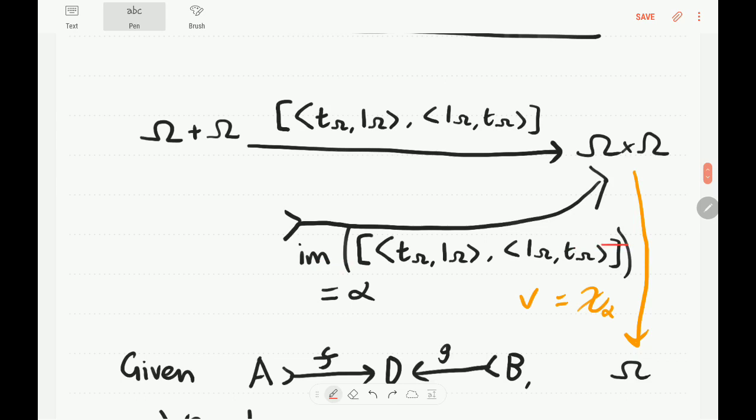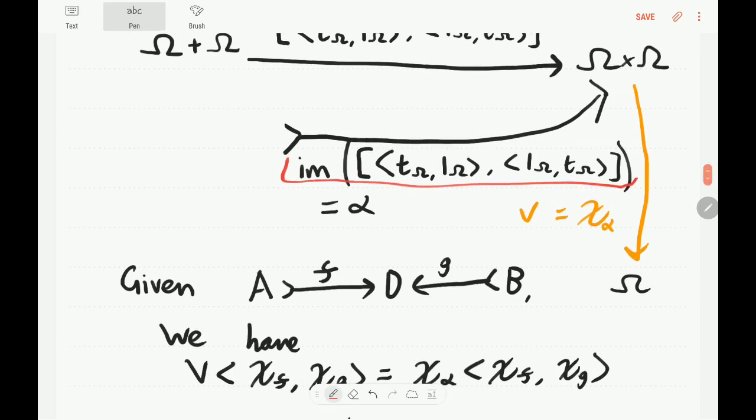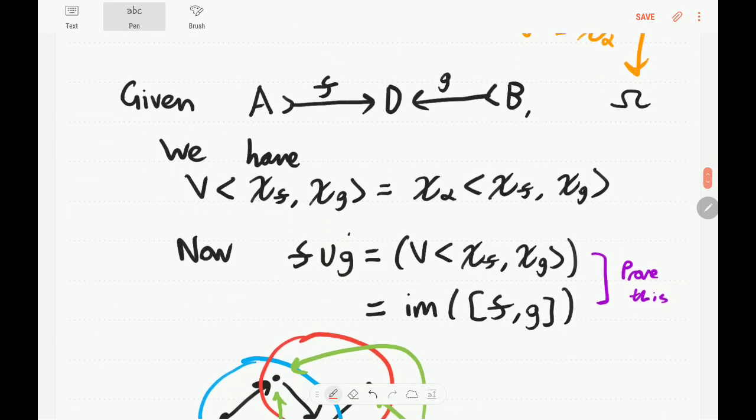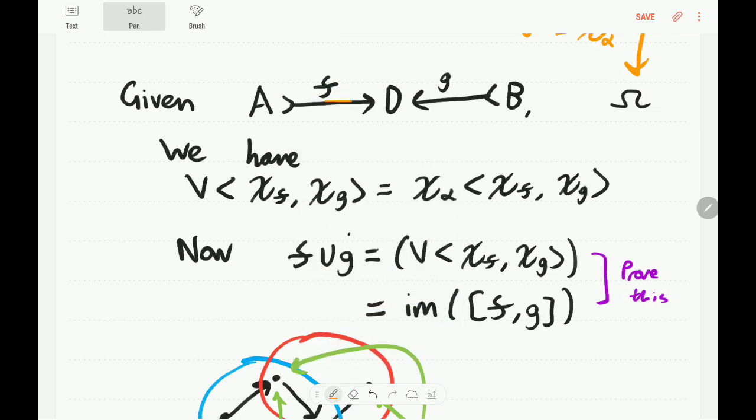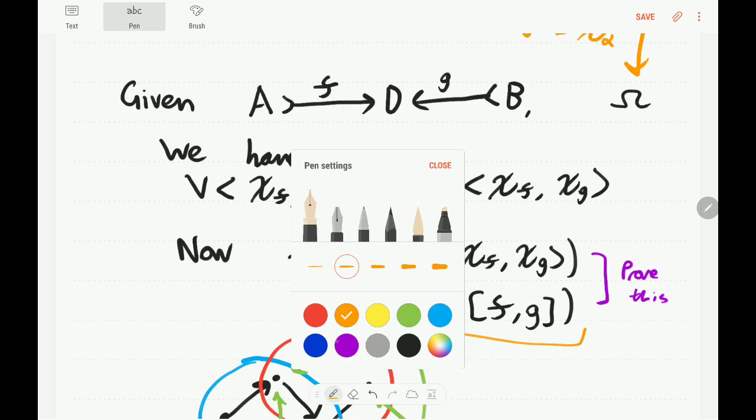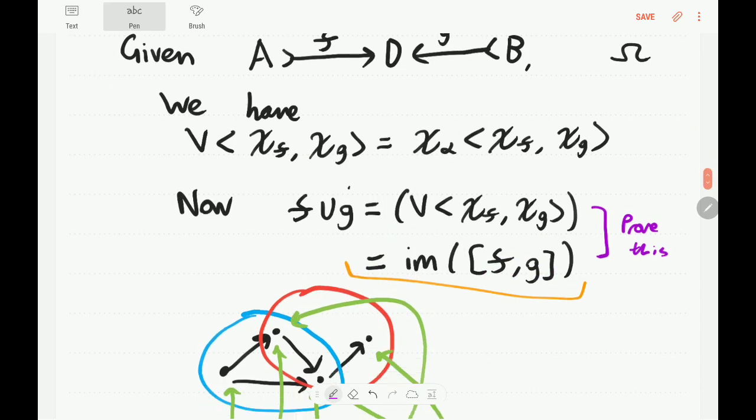Basically, he defines or to be the classifying arrow of the image of this arrow here. Now, another result that he gives is that if we have a couple of subobjects F and G of D, then F union G is equal to the image of this product arrow, F comma G.